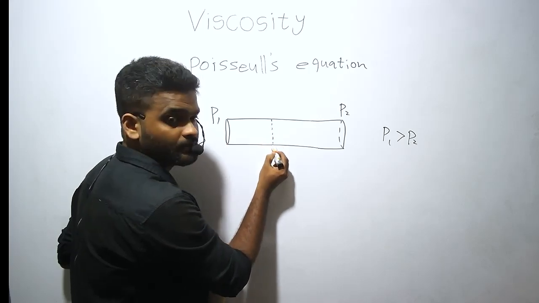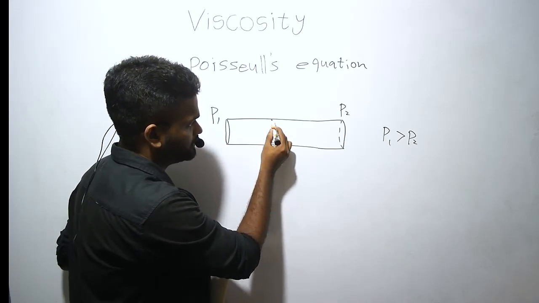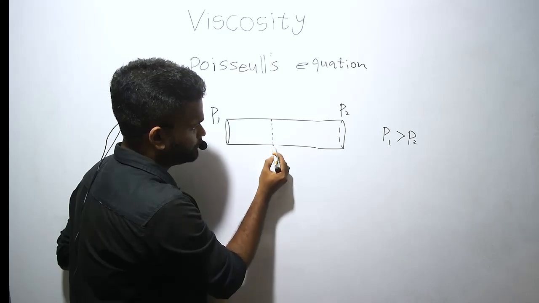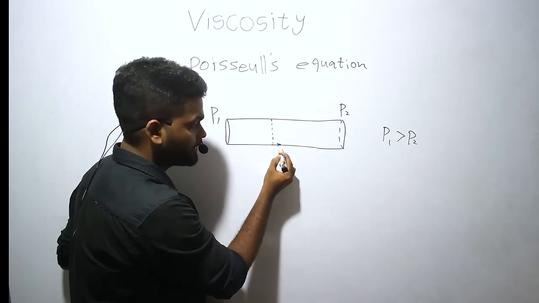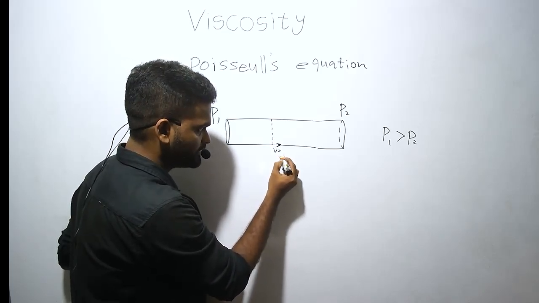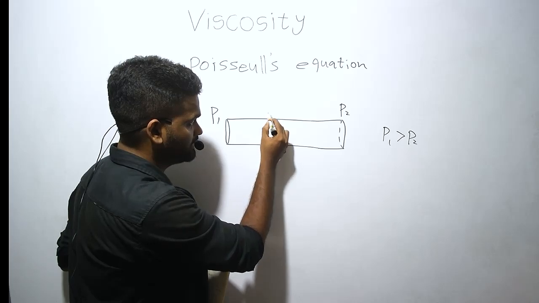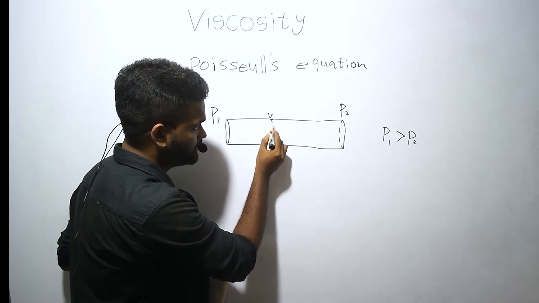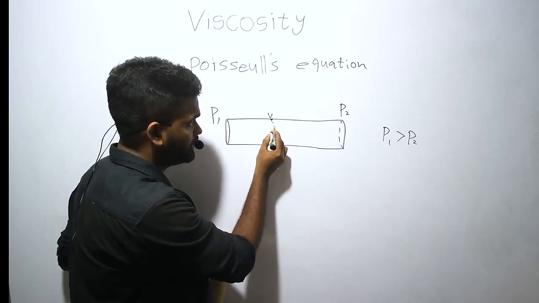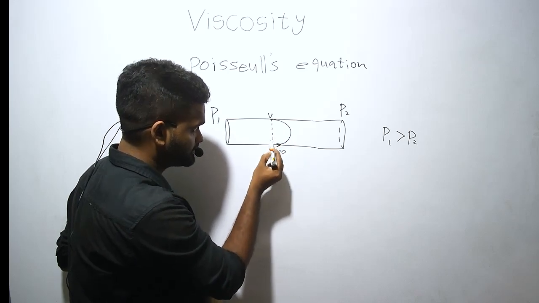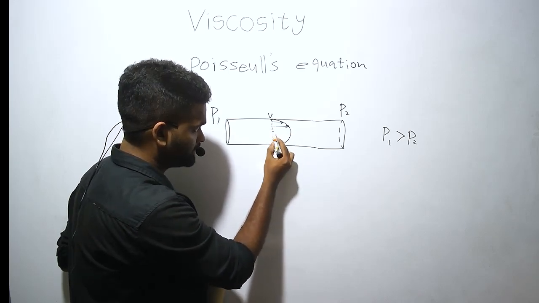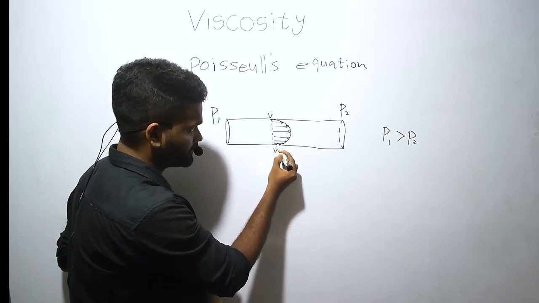If we consider the velocity profile of the liquid, you know that at the pipe wall, velocity is 0, right? Here velocity is 0, but as it goes to the middle, velocity gradually increases. So the velocity profile would look like this, right?